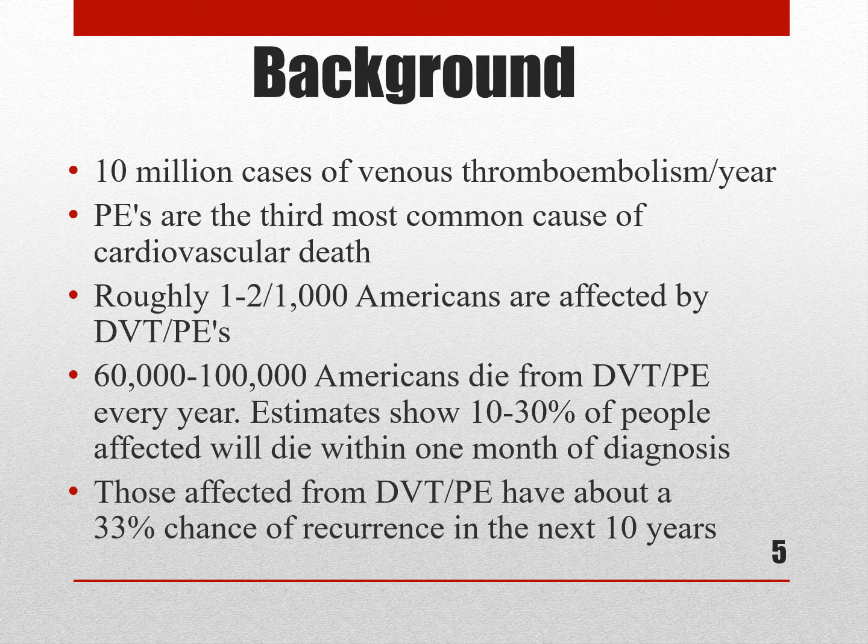Roughly between 60,000 and 100,000 Americans die each year from DVT/PE, and estimates show between a 10 and 30% chance of people who are affected will die within 1 month of diagnosis. And of course, this is considering the fact that these patients are not receiving treatment. And as well, that those affected from DVT or PE have about a 33% chance of reoccurrence in the next 10 years.